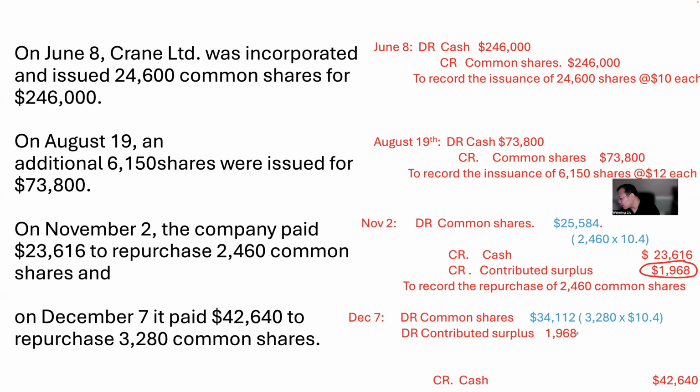So when I add 34,112 plus 1,968, I have $36,080. So the total debit is still less than the total credit, 42,640.